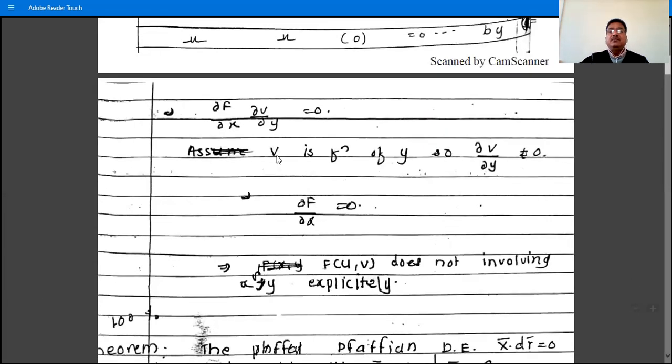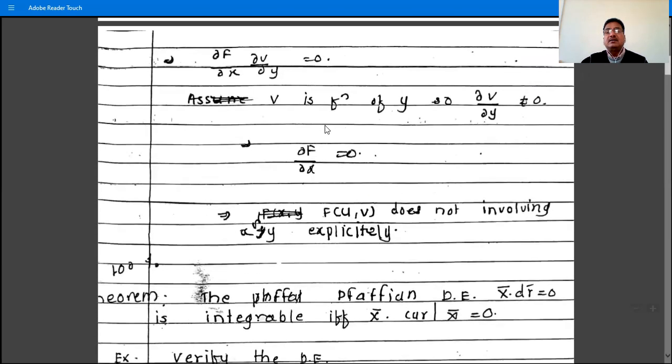And v is a function of y, so ∂v/∂y is not equal to 0. V is a function of x and y, and so ∂v/∂x is not equal to 0, because u and v both are functions of x and y. Therefore ∂f/∂x ∂v/∂y = 0 implies ∂f/∂x is equal to 0, because one of them must be 0. This is not equal to 0, so ∂f/∂x is 0, which means the derivative of f with respect to x is 0, which means f is not a function of x.